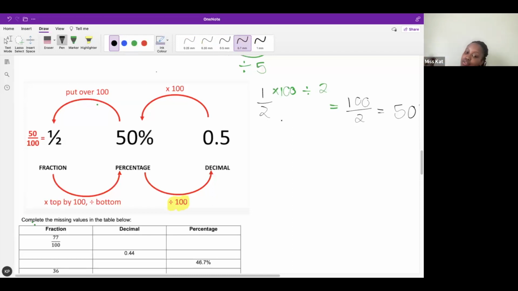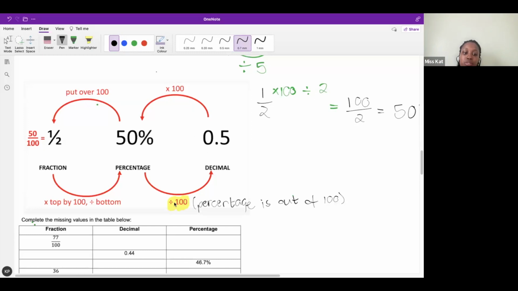Percentage is always out of 100. So if you want the decimal, then you must divide it by 100 because it came from a percentage, which means it was out of 100. So I'm going to write here, percentage is out of 100. And then you get to your decimal.